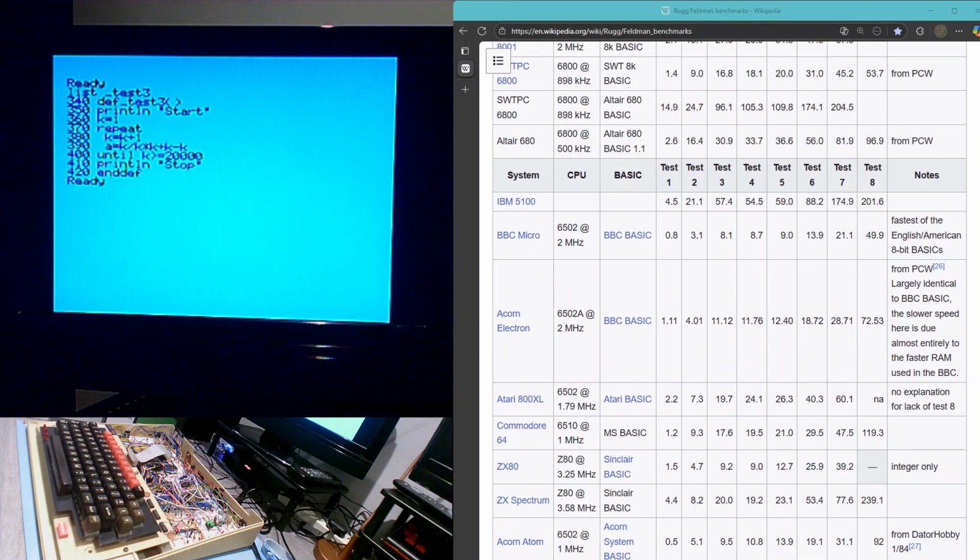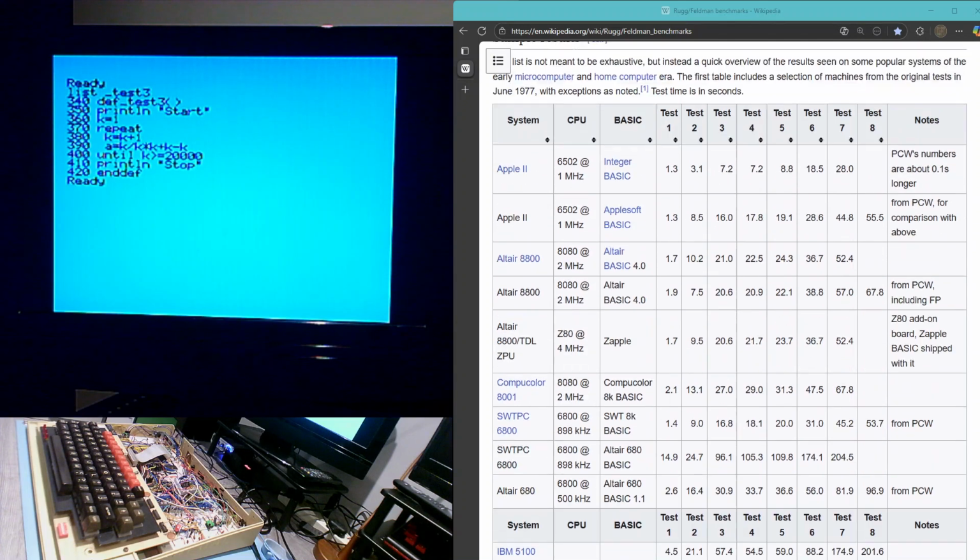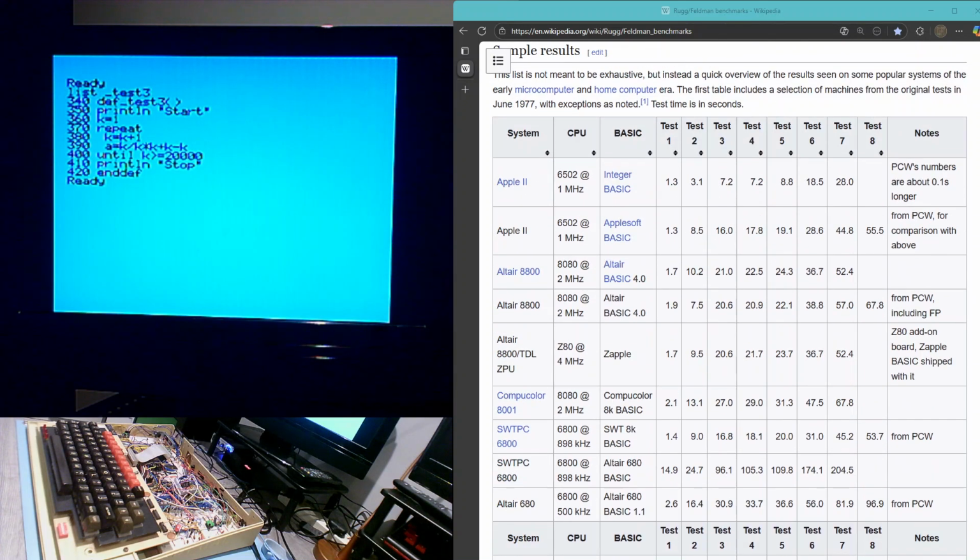Then going to test 5, 1.24 seconds. Yeah, it's really going great guns. Test 6 is 2 seconds versus 18 on Woz's computer.